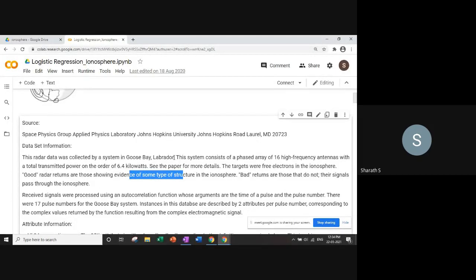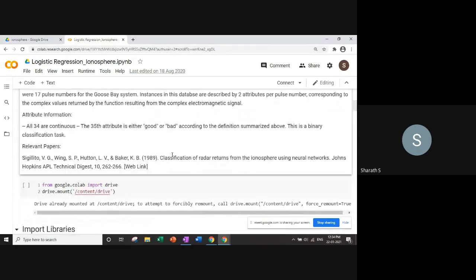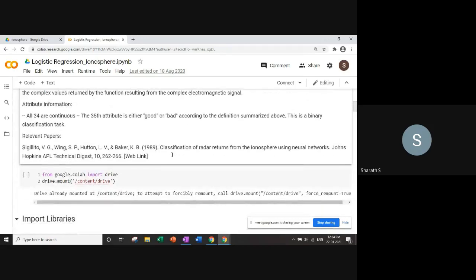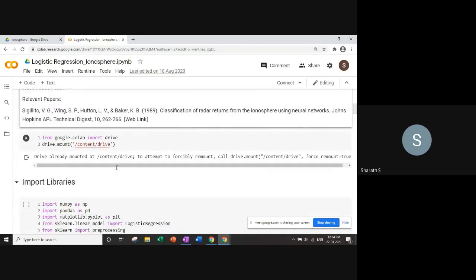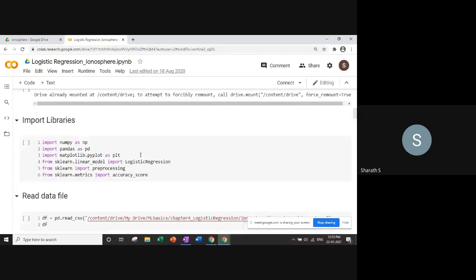It's a typical benchmark study for classification. Further details are here, so you can look at the details of the experiment. But we will use this data to do the logistic regression based classification problem of good radar return versus bad radar return in an ionosphere experiment.